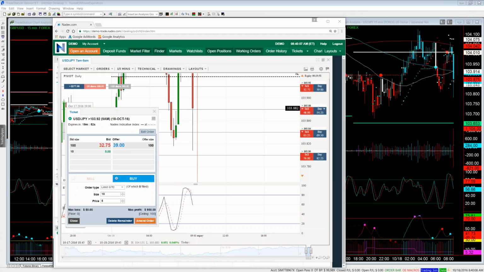I would really like to see it break that ATR over on the 15-minute chart, which is right here at 86.